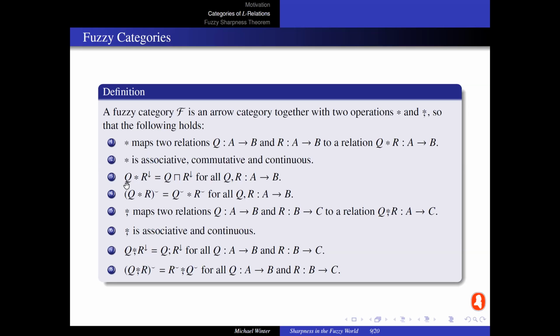Then number 3 says that meet and star behave the same if one of the components is a crisp relation, or if you want to talk in terms of truth values, that star treats 0 and 1 like meet, like a regular AND operation.